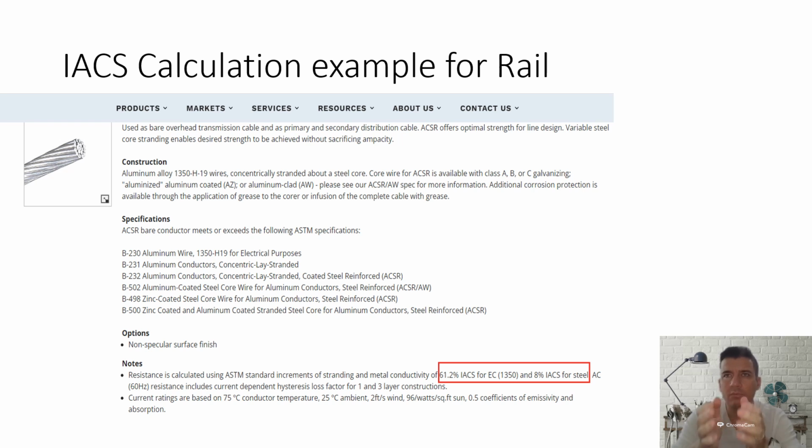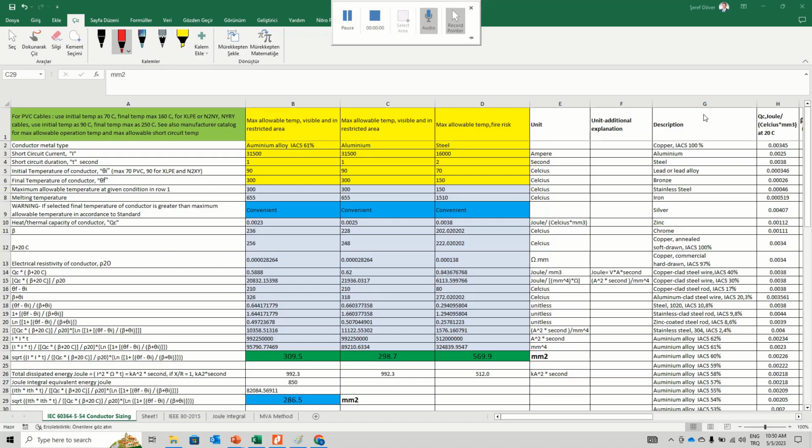So how will we use this in our Excel calculation tool? Let's see. Again, we are in our Excel calculation tool, and I just want to show you in columns B and C the maximum allowable temperature, for visible and restricted area, because we are working on a transmission line.